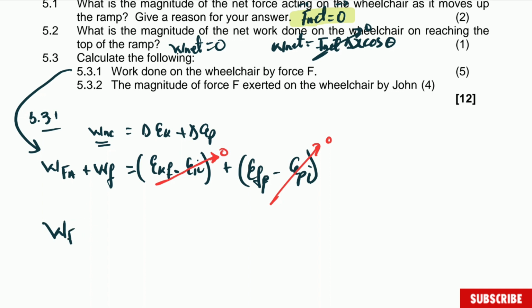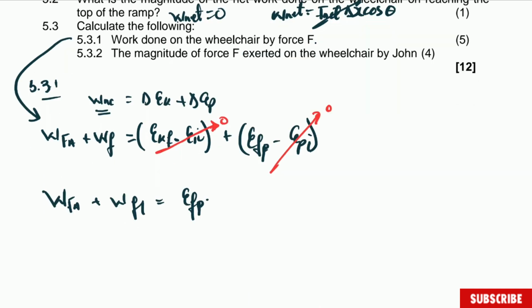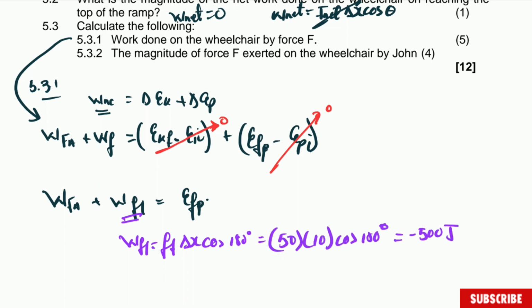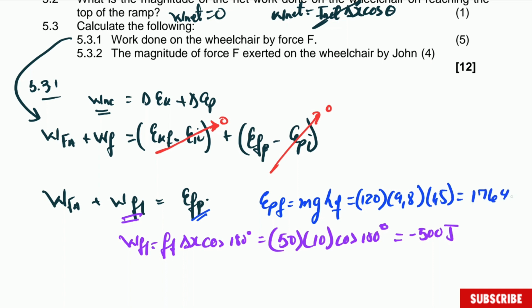We have that the work done by the applied force plus the work done by frictional force is equal to the final potential energy. Let's first calculate the work done by friction. Work done by friction is equal to the frictional force times the displacement multiplied by the cosine of 180 degrees, and when you substitute here, and the potential energy here is equal to mass times acceleration due to gravity times final height, and here we are.